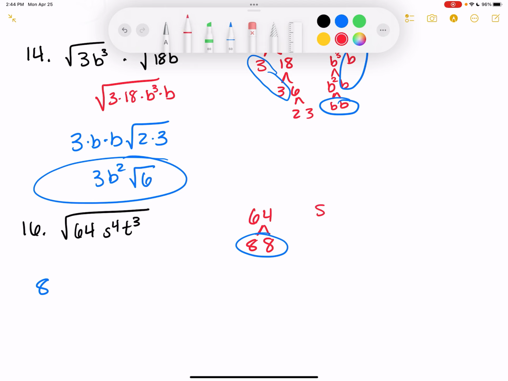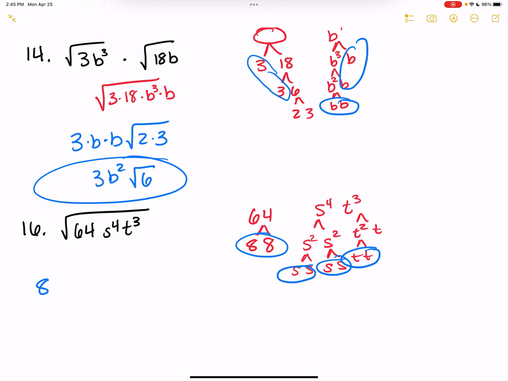Okay, but now I have the s to the 4th and the t cubed. So s to the 4th would be s squared and s squared, which is s and s, and s and s. And then t cubed is t squared and t, which is t and t. So I can take out a set of s's, another set of s's, a set of t's, and then I have one lonely t left over.